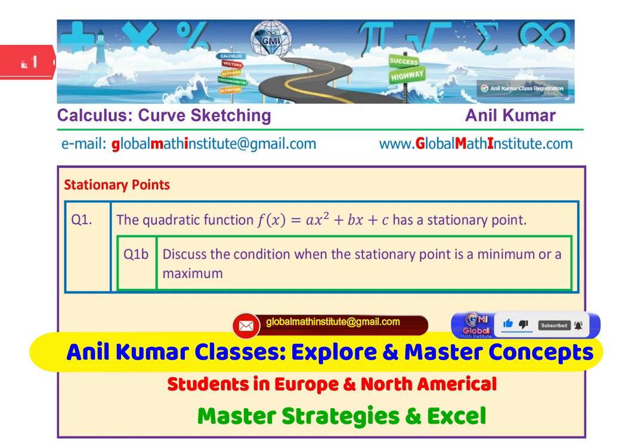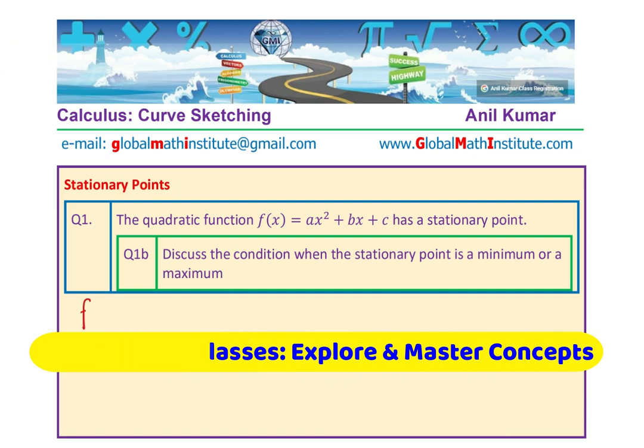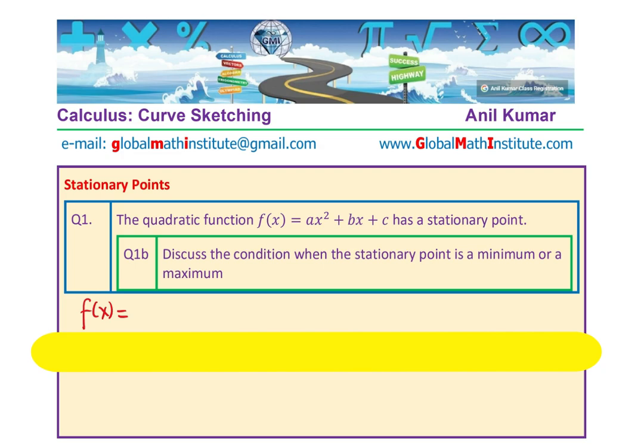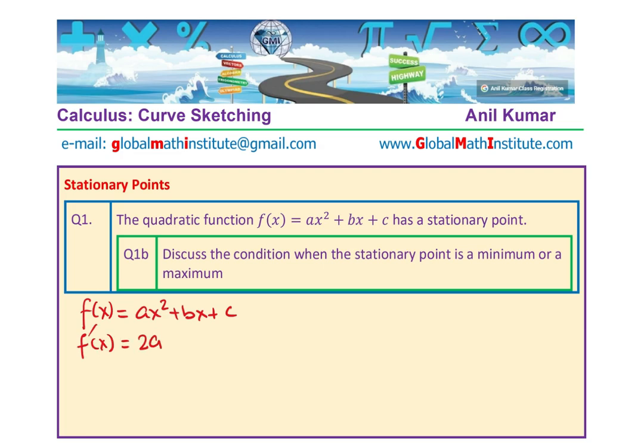So basically what we did was that we found that for the function f of x equals ax squared plus bx plus c, the derivative was equal to 2ax plus b, and when we equate it to 0, we found that the value of x was minus b by 2a.